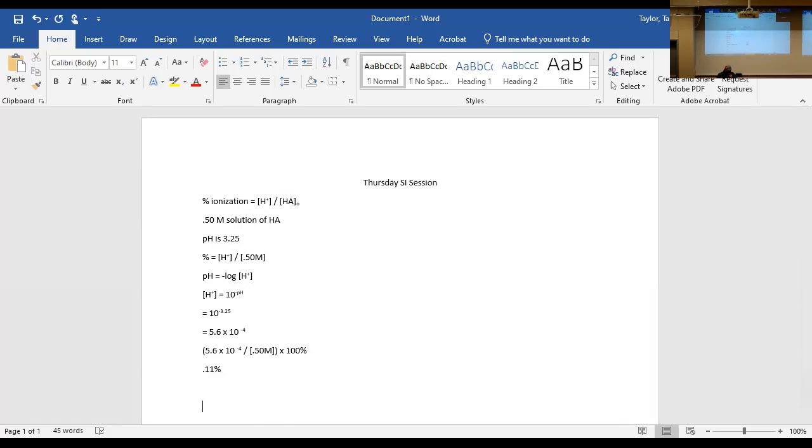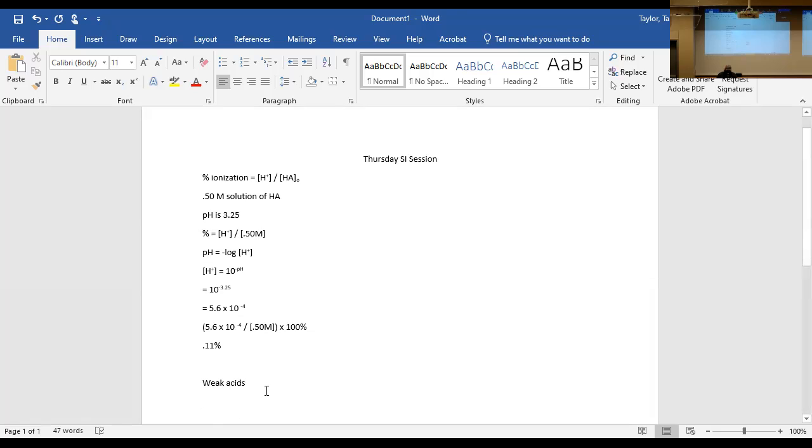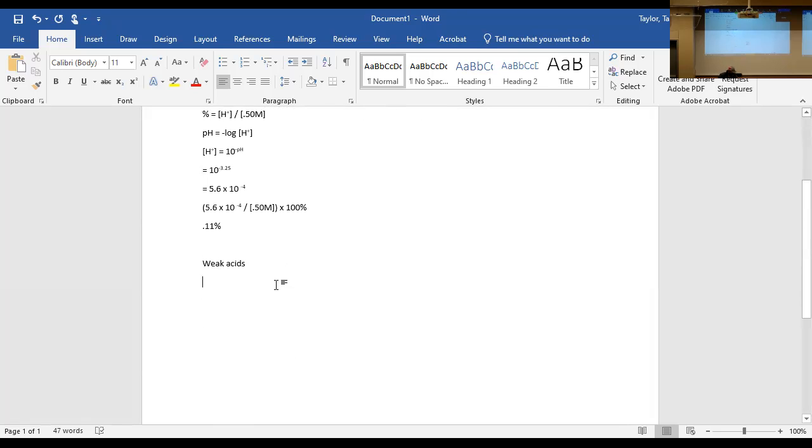Then we got into the really important part of yesterday's lecture, which is weak acids and weak bases. You're going to be using this for the majority of the semester, so it's definitely important to remember how to do these. The main tip I can give you is to memorize the strong acids and the strong bases, because she'll give you a problem with 0.5 molar hydrogen chloride, and you need to know that hydrogen chloride is a strong acid.